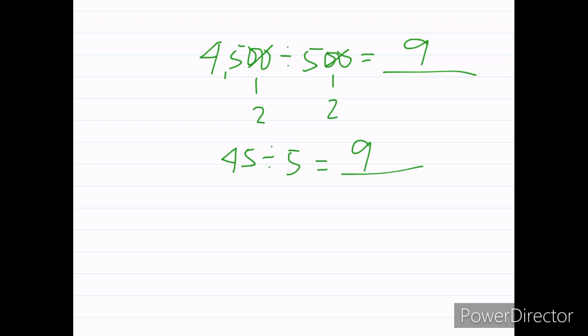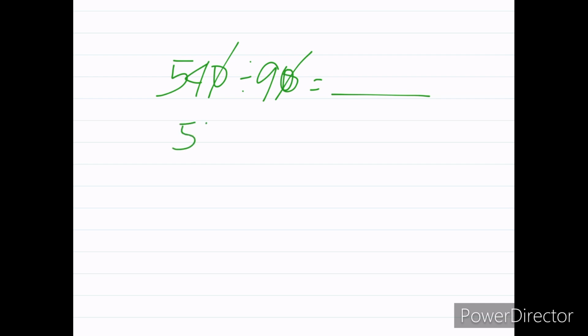Next, another example. How about 540 divided by 90 is equal to blank? First, since our divisor and our dividend have an equal number of zeros, which is 1, we cross it out. The remaining number is 54.